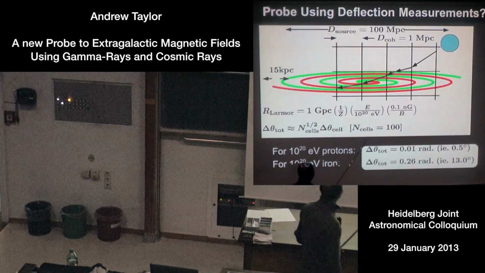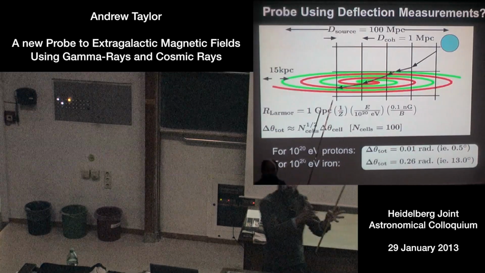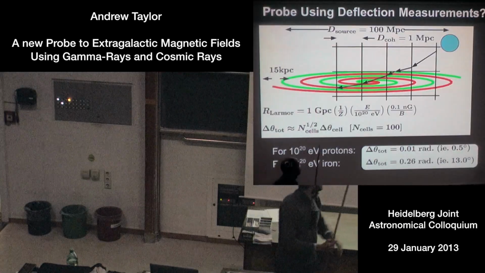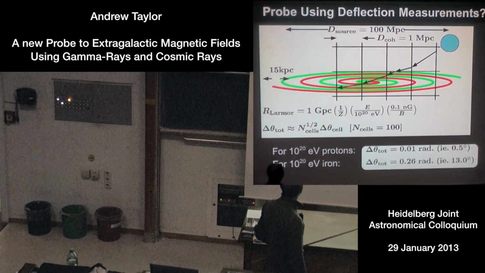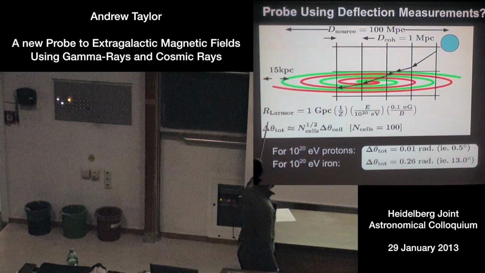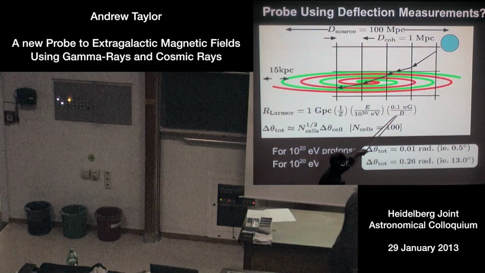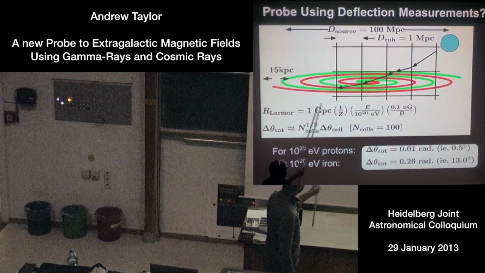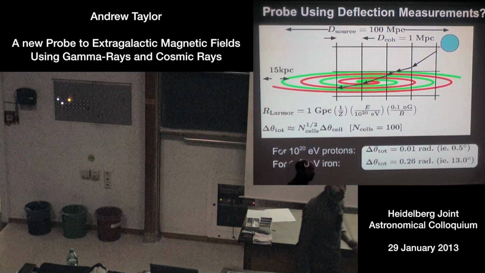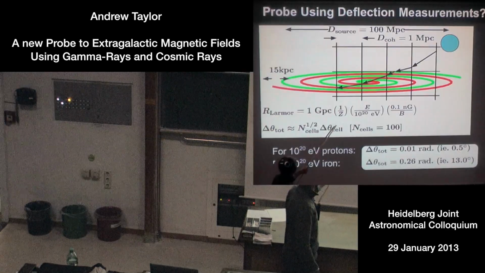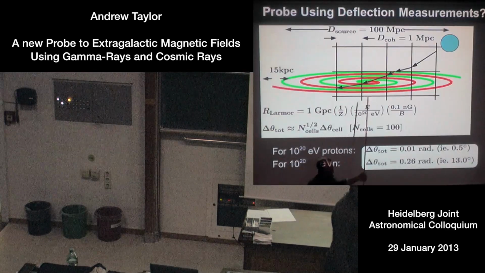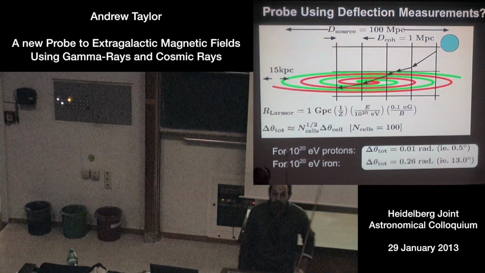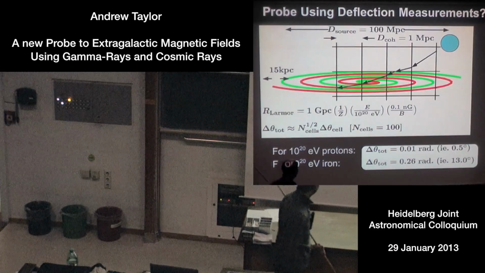So in this sense, we can look at what sort of angular broadening you might expect of a cosmic ray arriving from this source. Okay, so in terms of the Larmor radius, if I put in a 0.1 nanogauss field strength and a 10 to 20 eV cosmic ray, we've got a Larmor radius of a gigaparsec. I put in a coherence length of a megaparsec, so each patch can deflect something like 10 to minus 3 radians.